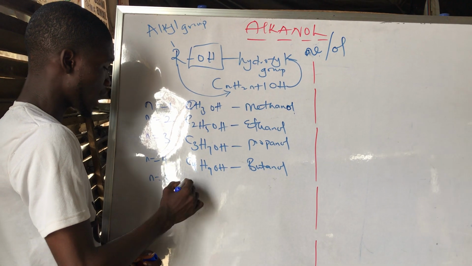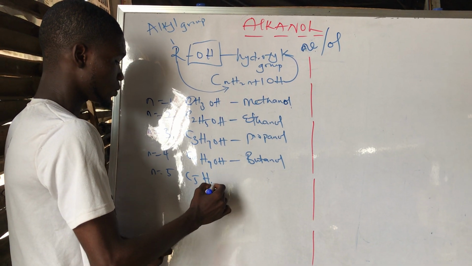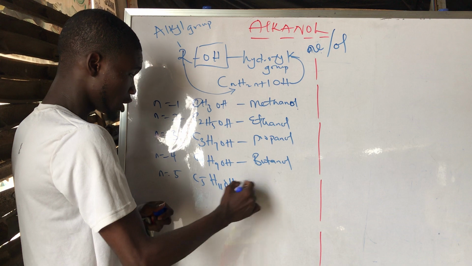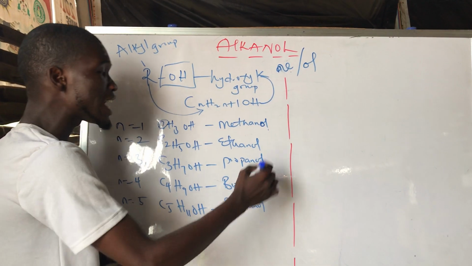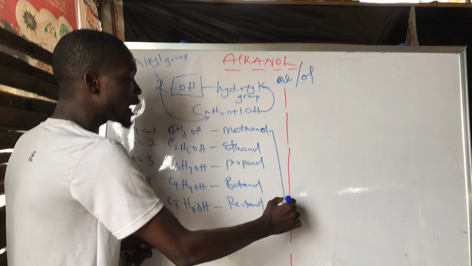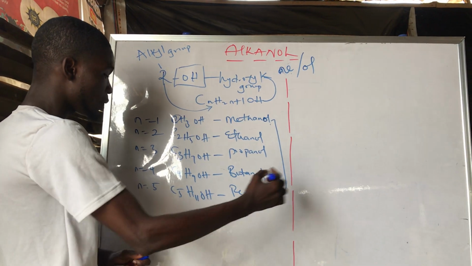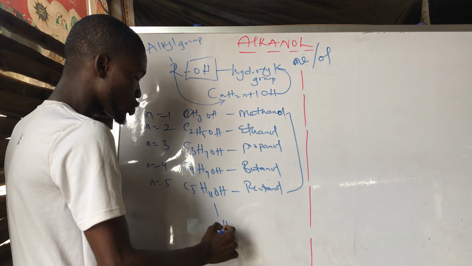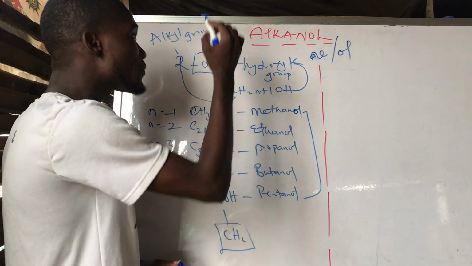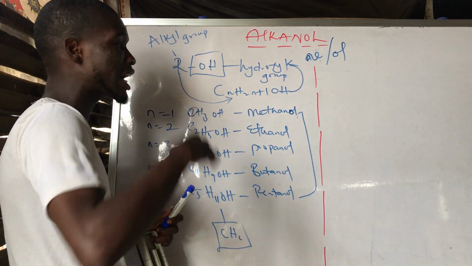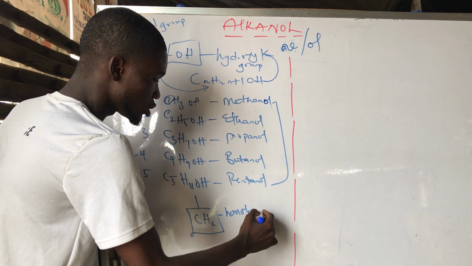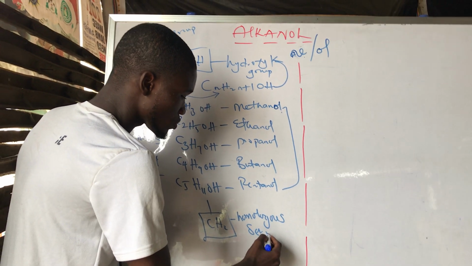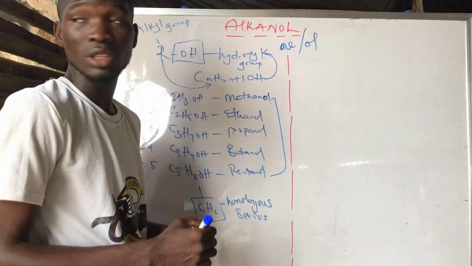When n is equal to 5, we have C5H11OH, pentanol. The difference in all these compounds listed here under the naming is what? CH2. Telling you that every alkanol, or every organic compound, belongs to what we call a homologous series. That is that now.